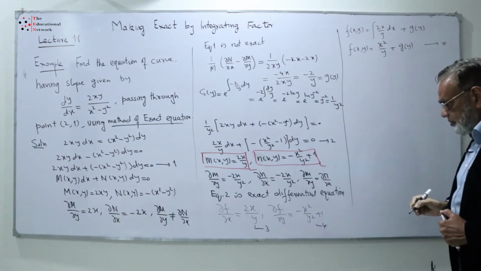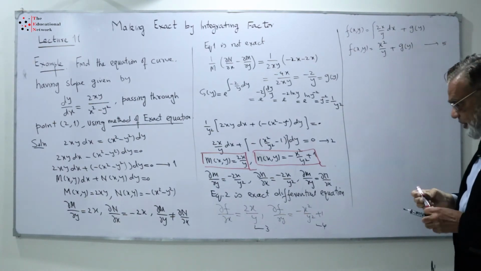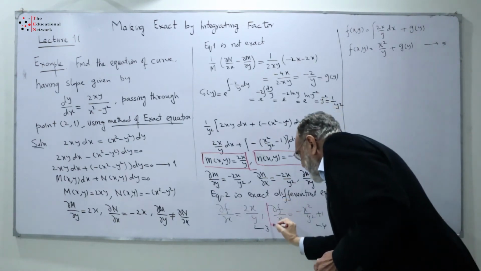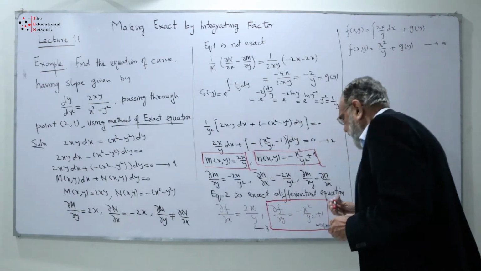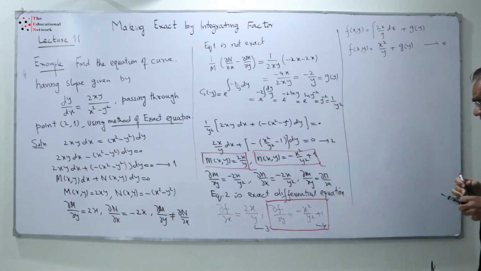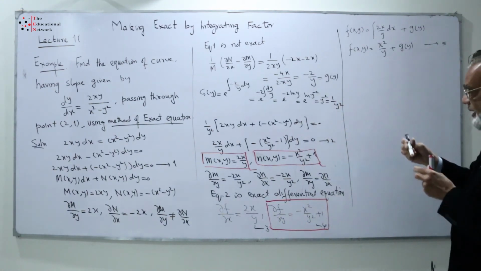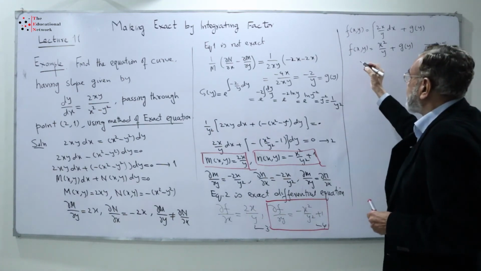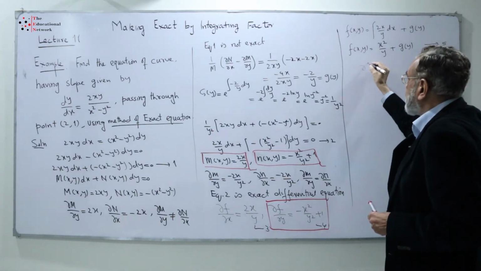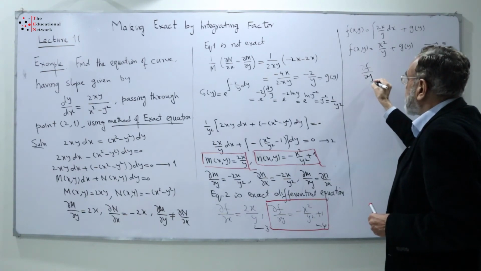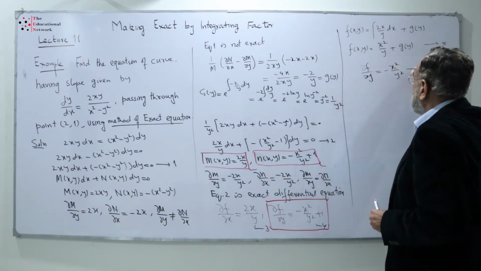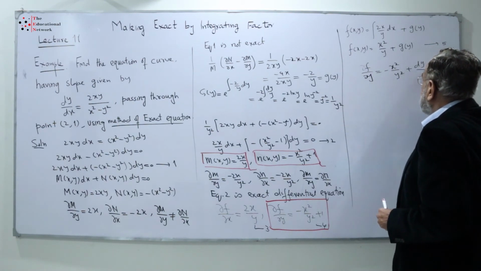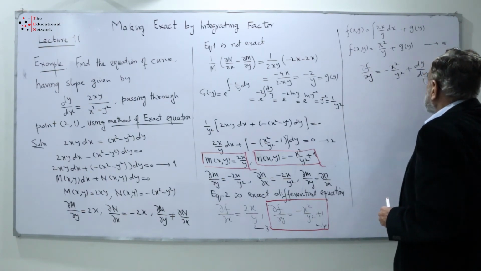So we take equation number 5 and equation number 4. I want to find g(y). So I substitute the value from equation 5 in equation 4. Partial f by partial y is equal to minus x square over y square plus dg by dy. This is my equation 6.